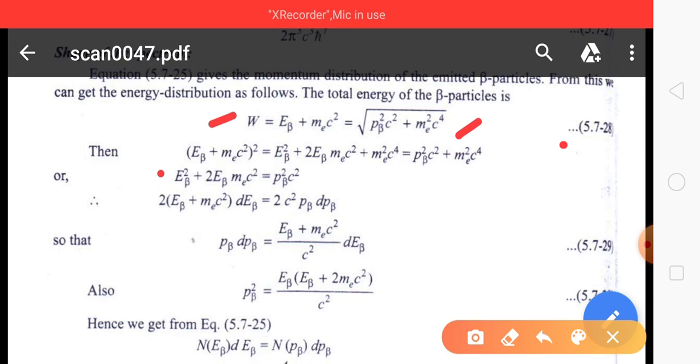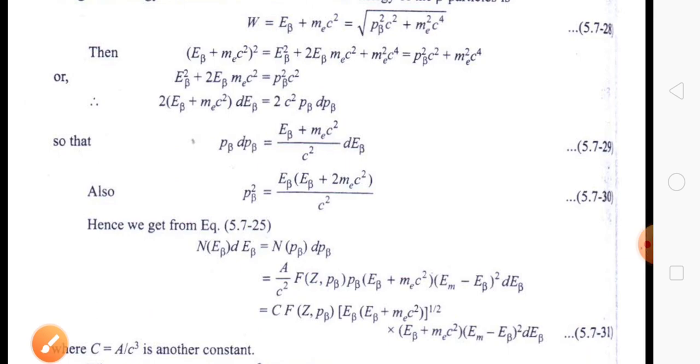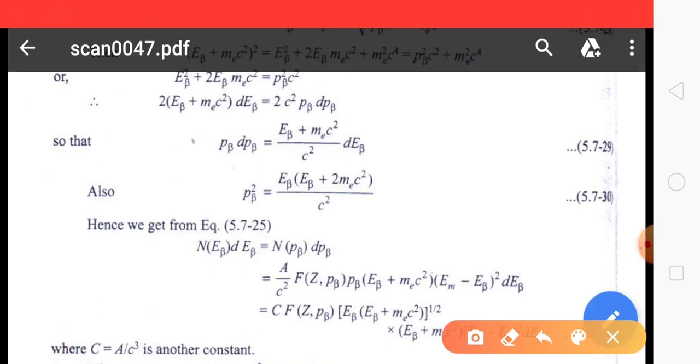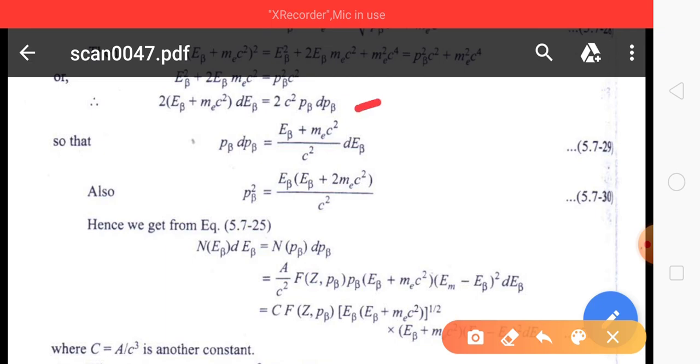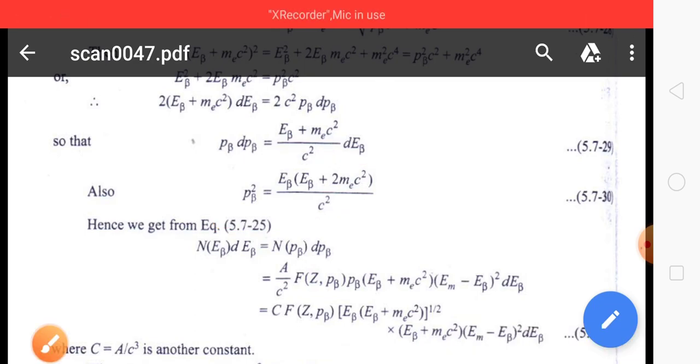Squaring this, applying the (A plus B) whole squared form, finally we will get the expression like this, E_B squared plus 2 E_B m_e c squared equals P_B squared c squared. Just alternating the terms here. Therefore 2 E_B m_e c squared dE_B equals this much, and finally we have to obtain the equation for P_B squared.